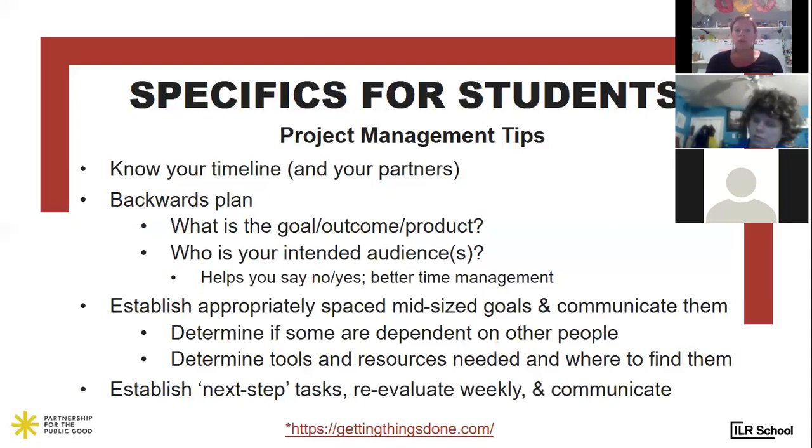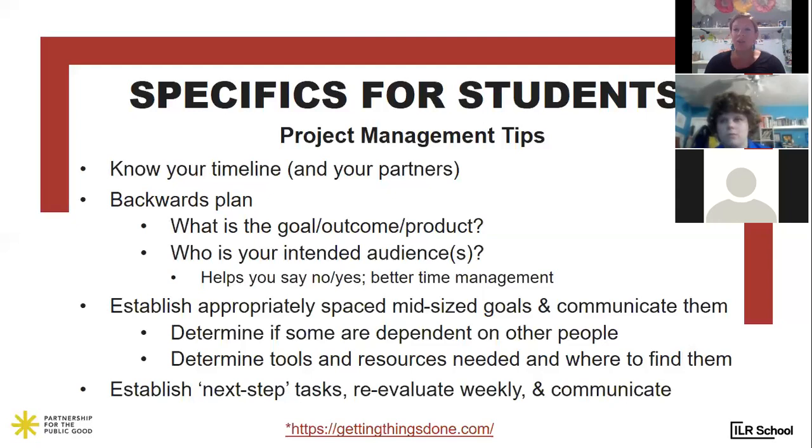And if you're able to do this backwards plan, it really helps you to say no or yes to things. I do this as a working adult. I think this is one of the most helpful pieces of information anyone has ever shared with me. But if it's clear what goals you have, you can say no or yes to things while being flexible and being accommodating and trying to learn a lot of things.